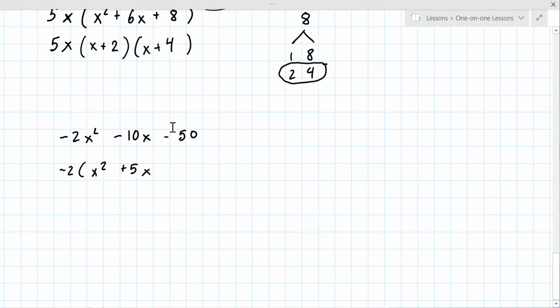Actually, let me change this number, sorry, let me just change a couple numbers here so that we can factor it. Okay, so we would have 10x here, and then plus 25. If you factor that negative, you multiply in, you get back to the previous numbers. And then this is two numbers that multiply to 25 but add up to 10, so that's x plus 5, x plus 5.